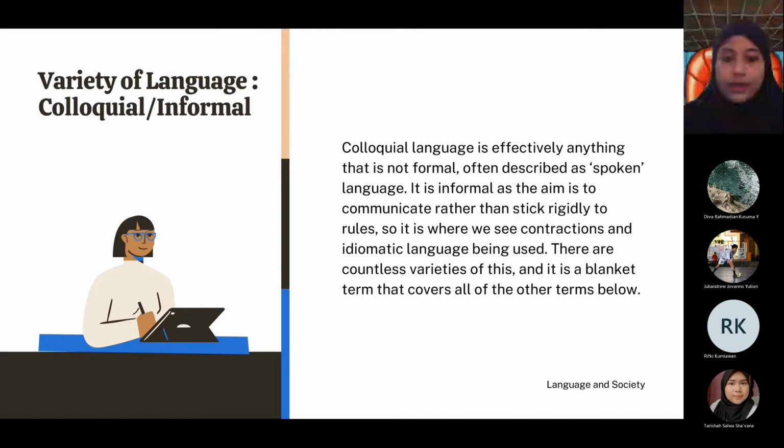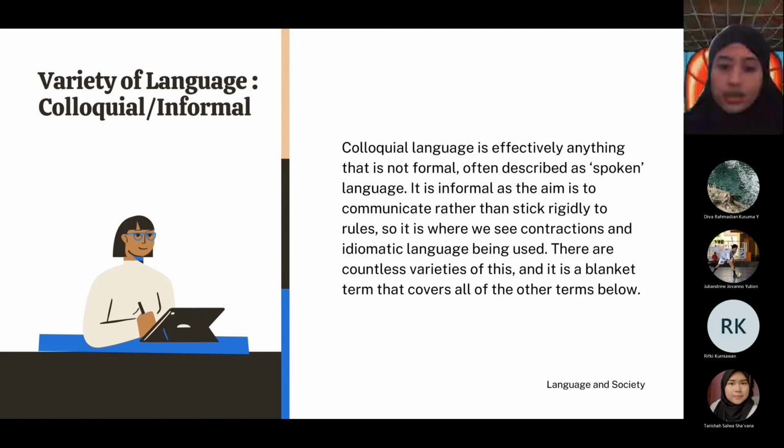Variety of language. Informal or colloquial. Colloquial language is effectively anything that is not formal, often described as spoken language. It is informal as the aim is to communicate rather than stick to rules.